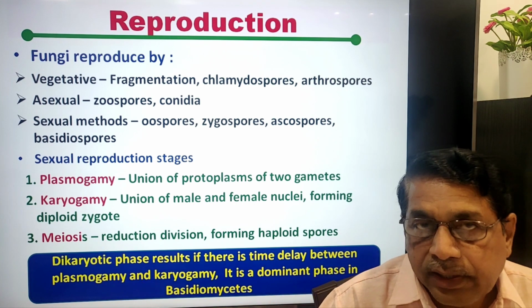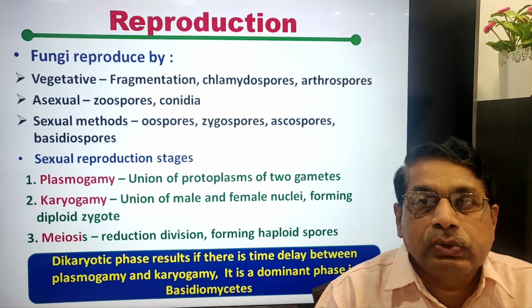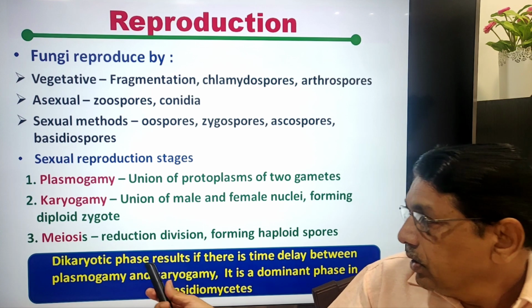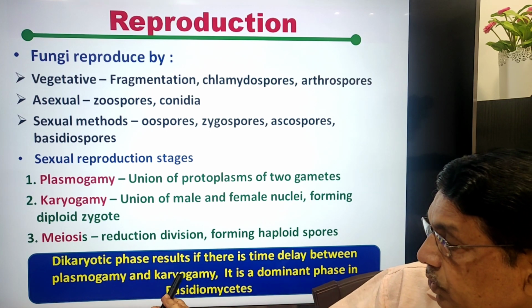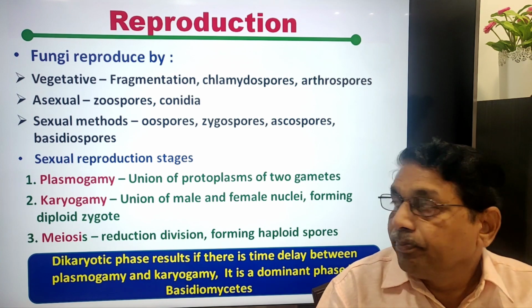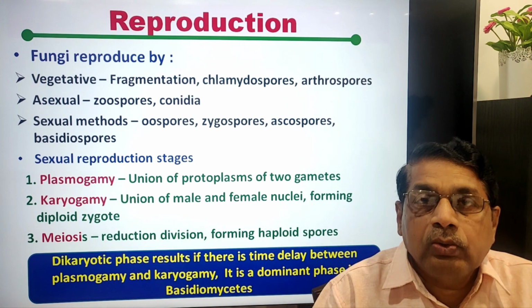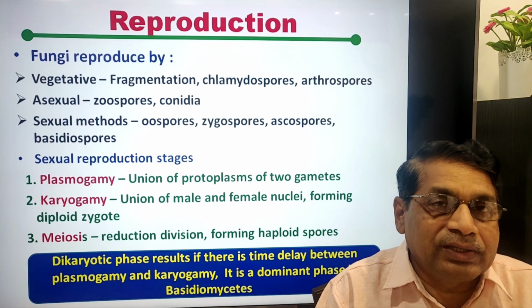Dikaryotic phase. Di means 2, as I told you, karyos means nuclei. If a cell consists of 2 nuclei, that is called the dikaryotic phase. It results if there is a time delay between plasmogamy and karyogamy. In plasmogamy, as I told you, the 2 protoplasms unite. The protoplasm is single, but there are 2 nuclei.